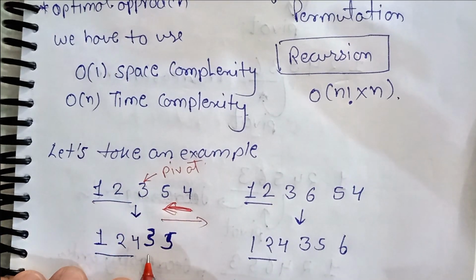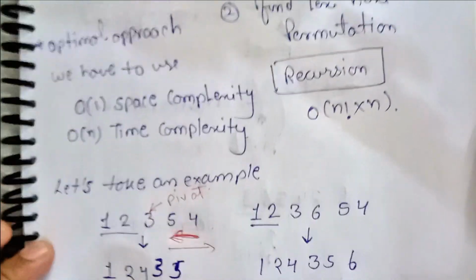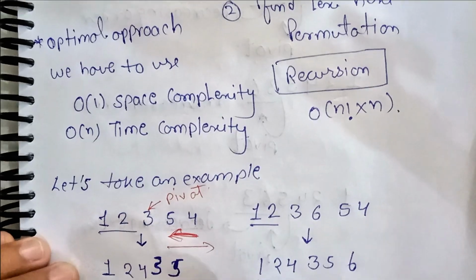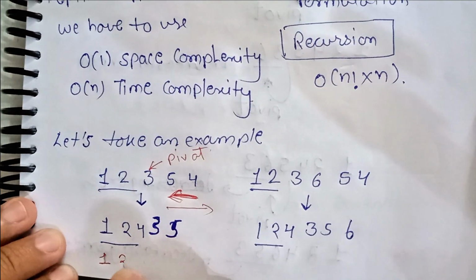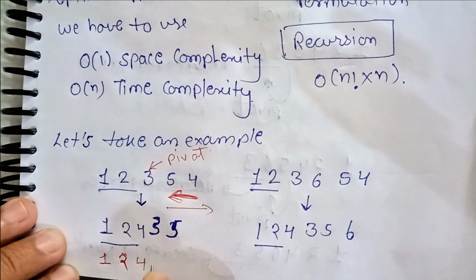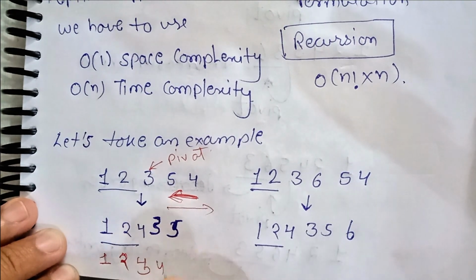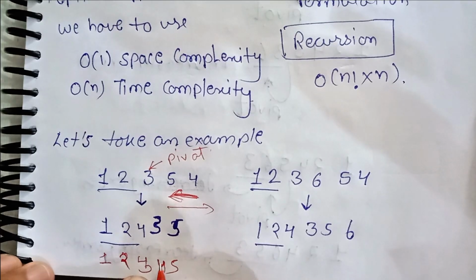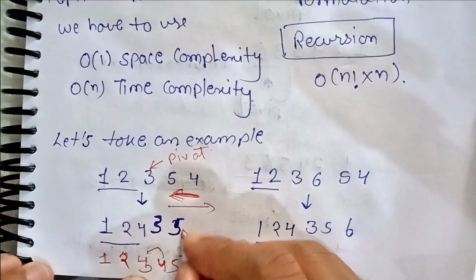Here we have rearranged, means we can say that here 1 2 4 3 and 5. So here we have rearranged the elements. Now we swap the value of 4 with 3, then we get this.